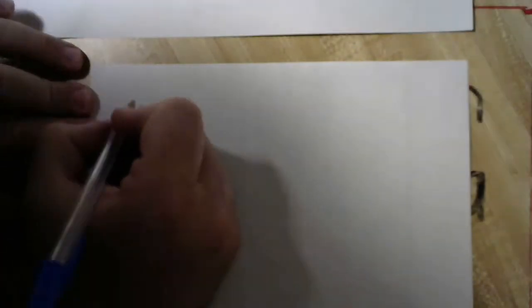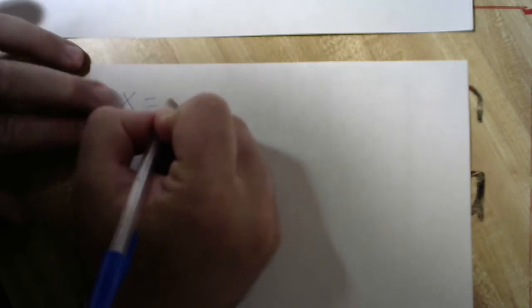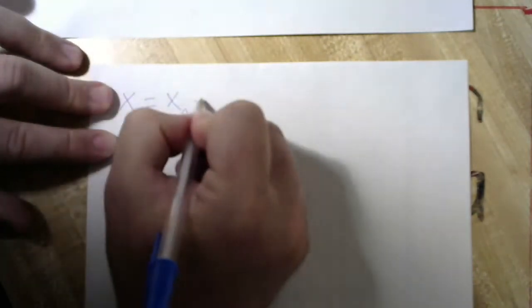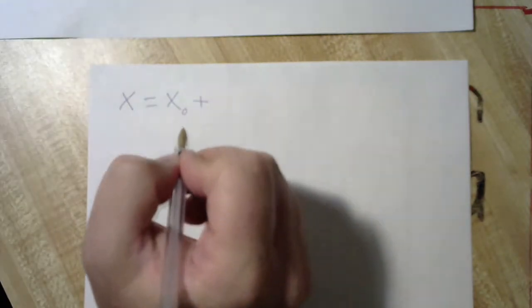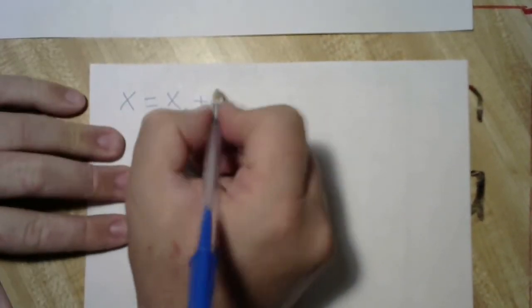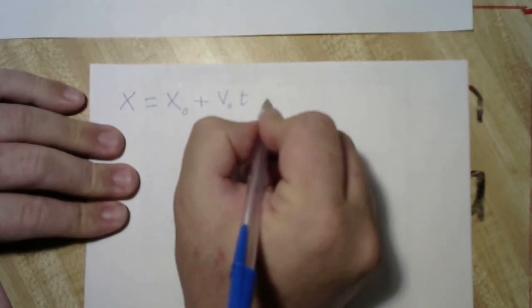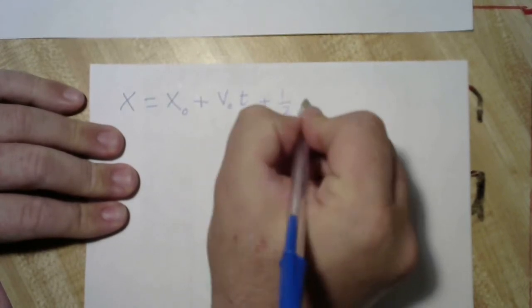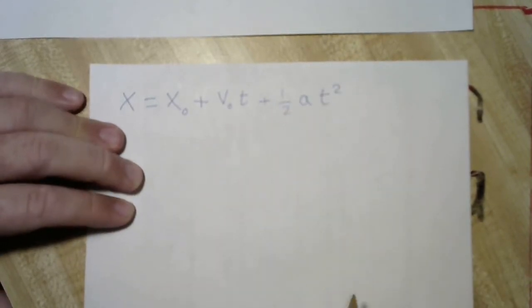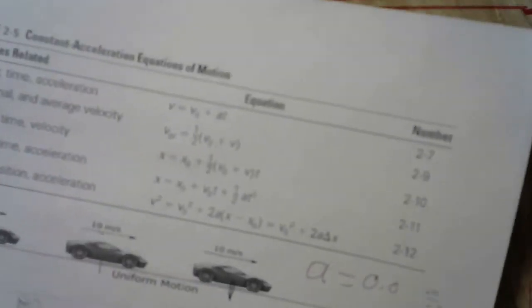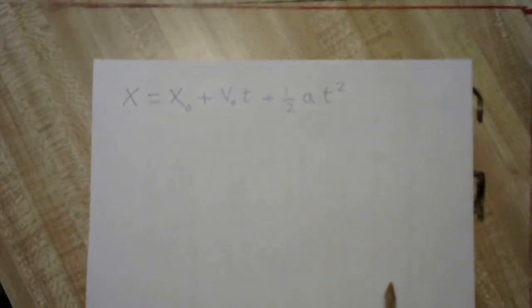I can use this equation, so I will use it. x is equal to x naught, I will write it in a different way now, plus v naught multiplied by t plus half a t squared. If you don't carry these equations, just use a sheet of paper and look at it to write these equations.